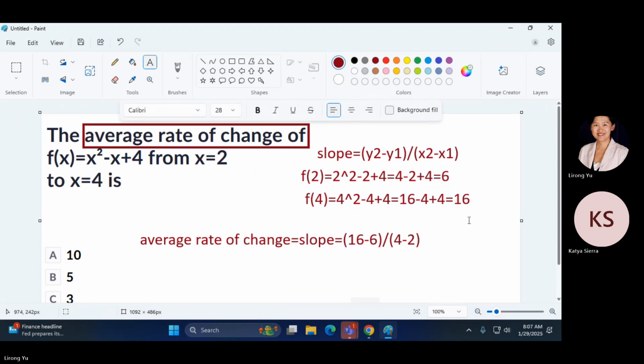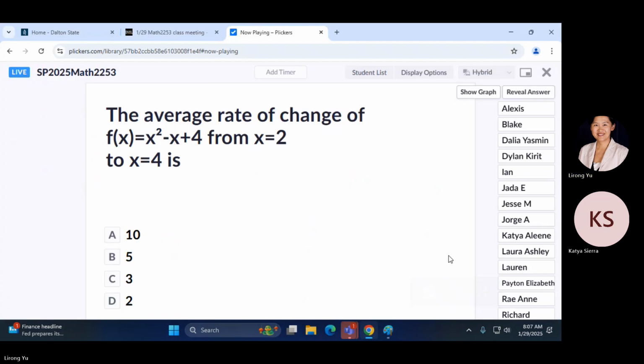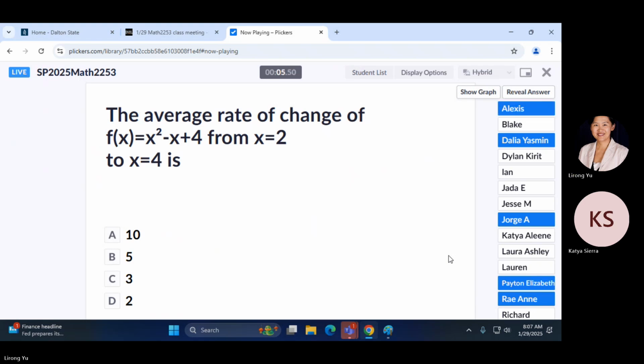So let's go back to that page. Okay, let's see.